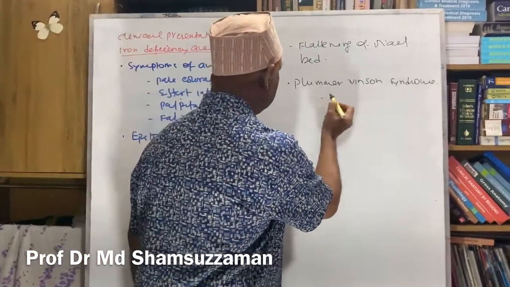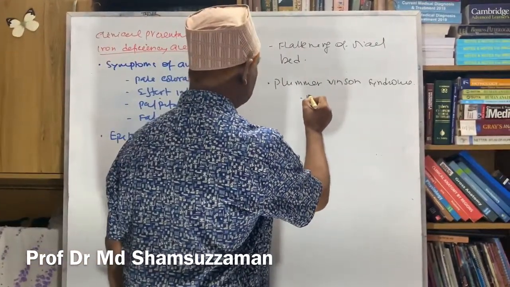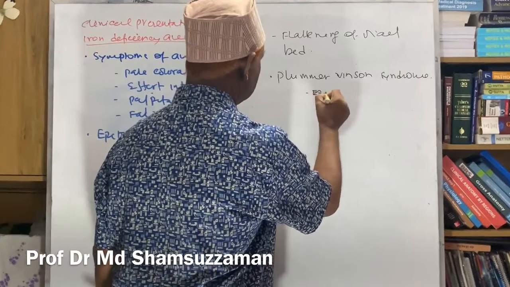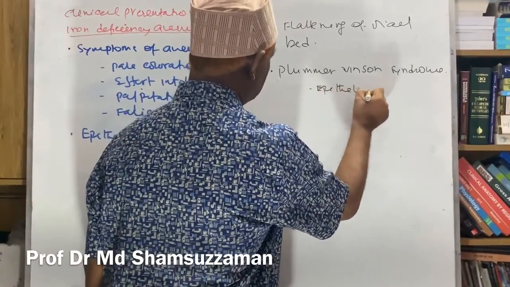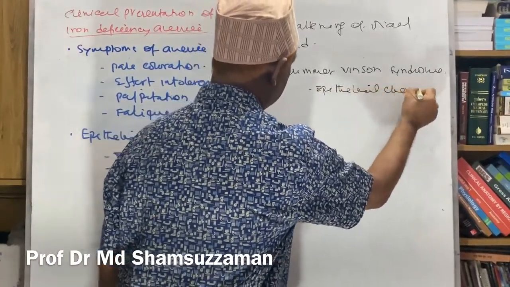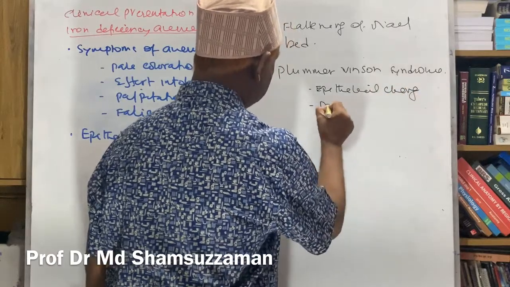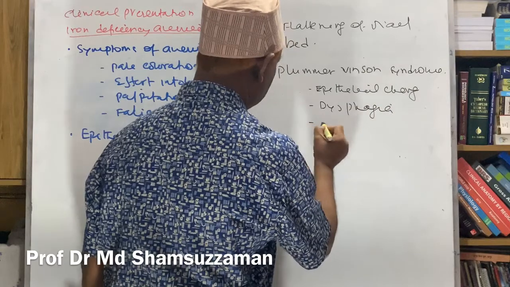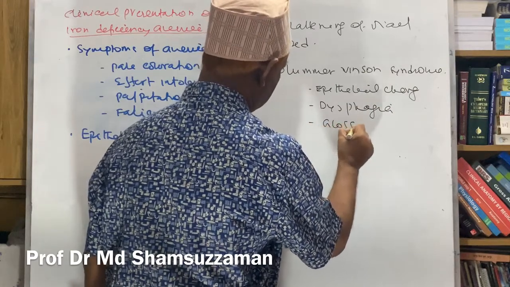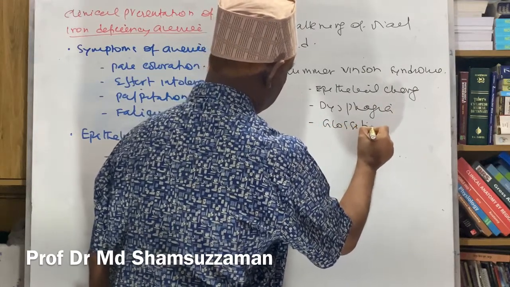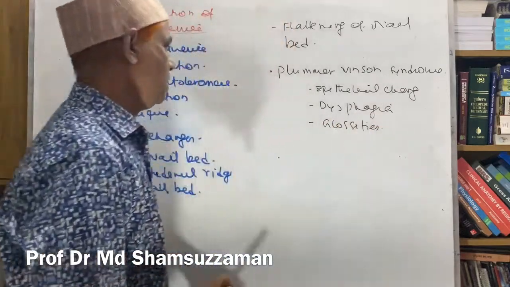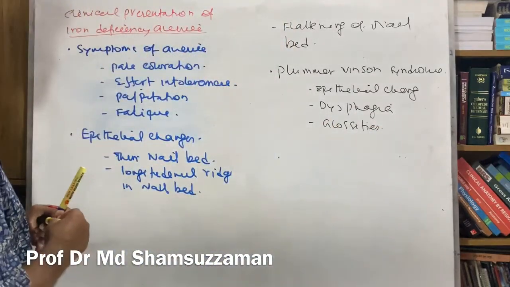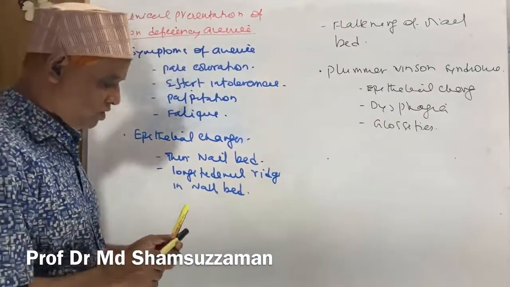Here we get epithelial change. We get dysphagia and we get glossitis. So these are the clinical presentations of iron deficiency anemia.